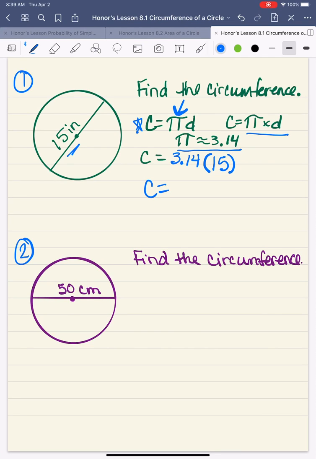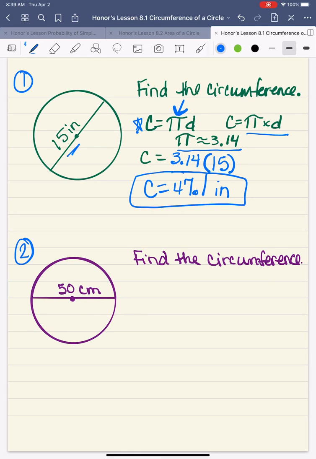After you have plugged that into your calculator, then we'll write our answer. Since circumference is finding a distance around, it will just be inches, not inches squared or inches cubed. We are not going to round our answers today. Your practice problems do not have you rounding, so I'm not going to have you practice rounding.